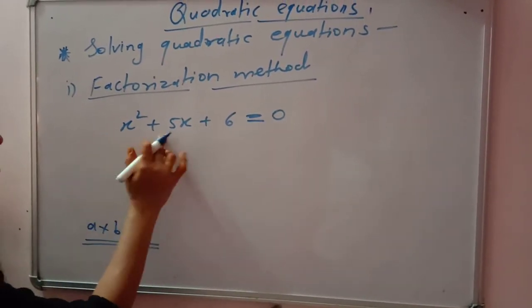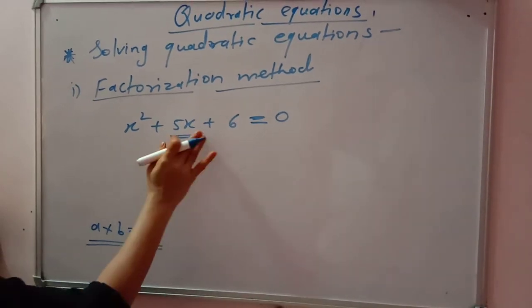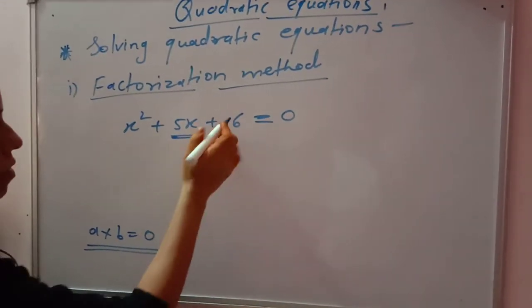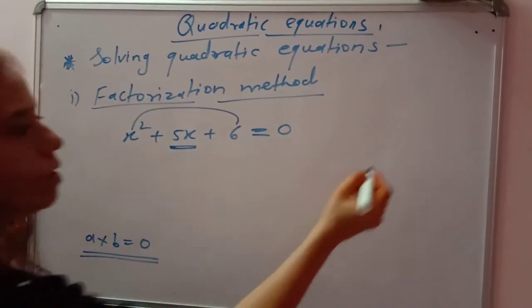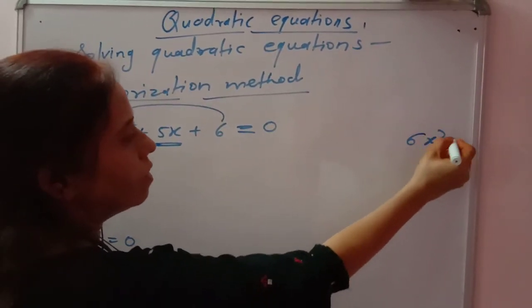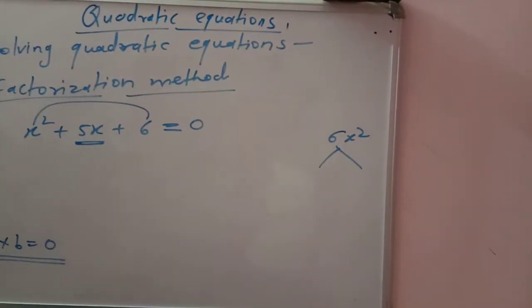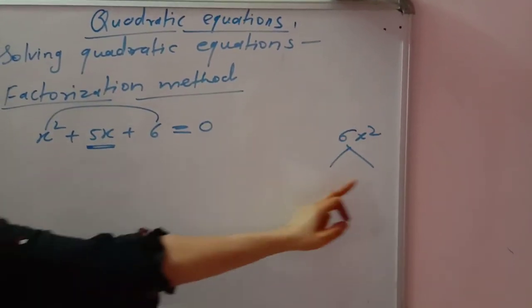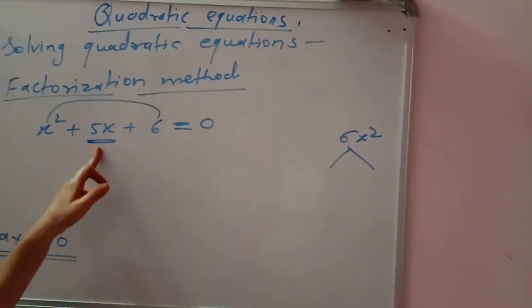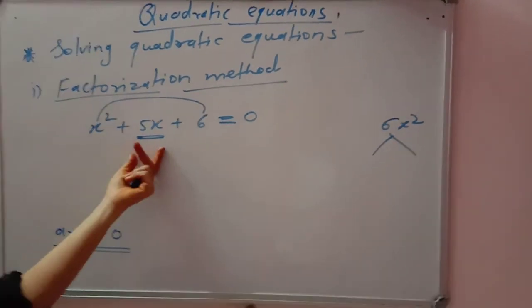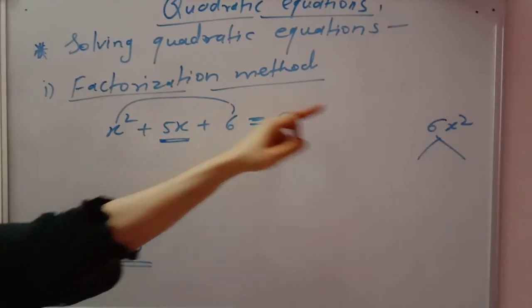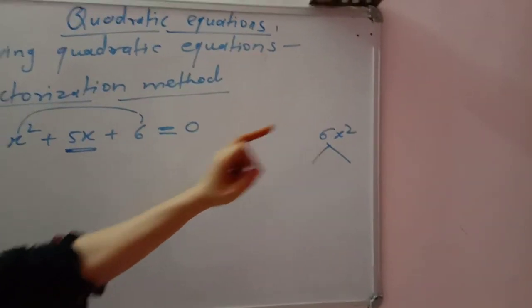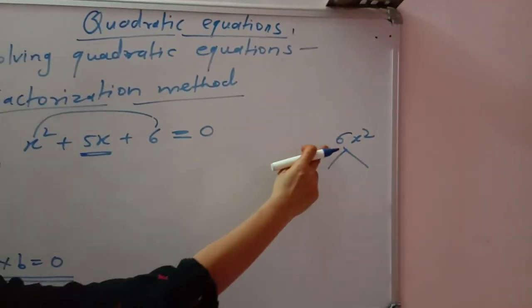So to factorize this, split the middle term: take the product of the first and the third term, that is 6x square, and write its factors such that the sum of these two factors must be the middle term. In short, split the middle term such that their product should be this number.